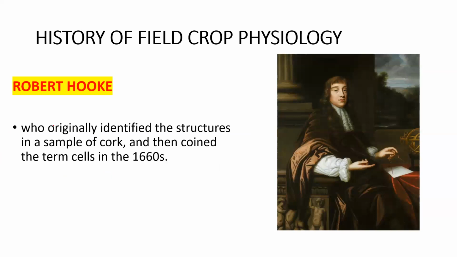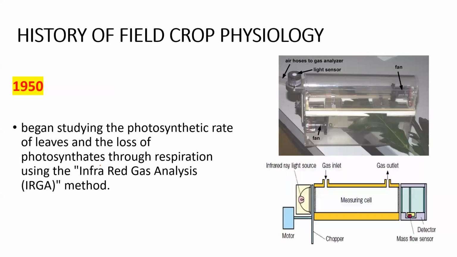Another one I see is Robert Hooke. So si Robert Hooke identified the structure in a sample of cork and then he coined the term cell. So si Robert Hooke ang nagpasimula or nag-coin doon sa term na cells. So the cell is the basic unit of life of the plants.